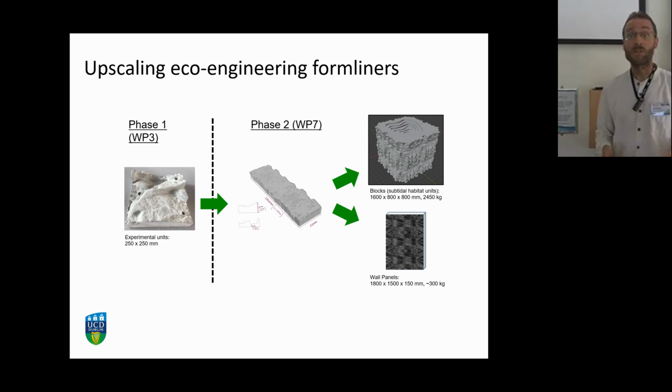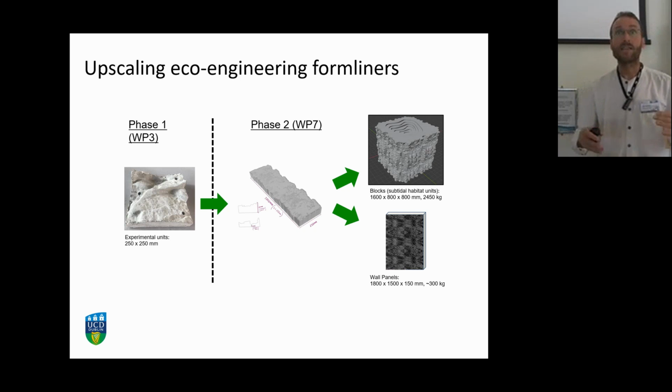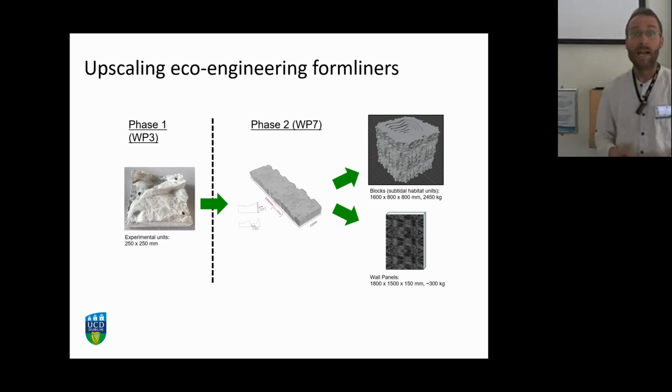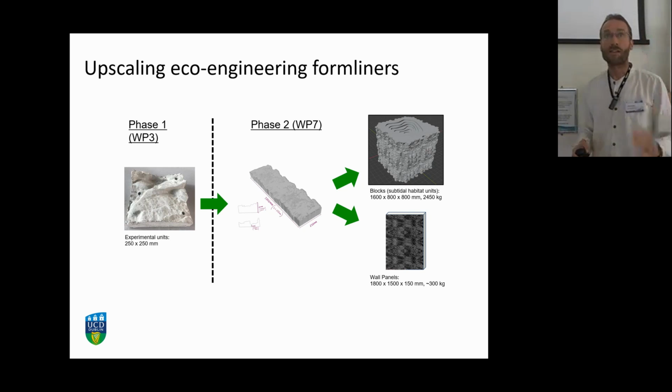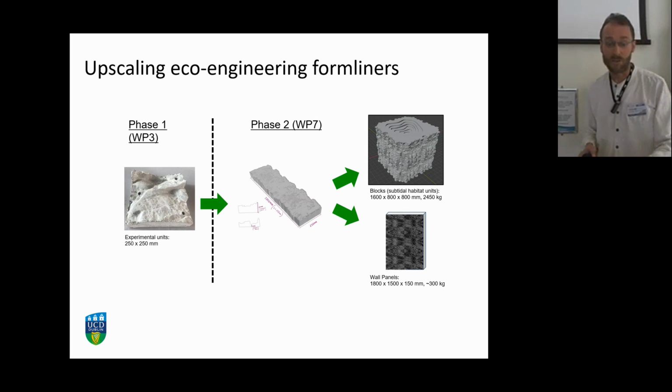In order to do that, we engaged with engineering companies to produce formliners which would enable much larger experimental units to be produced, and indeed units which could then potentially be used on a commercial scale. And we took two different types of approaches to producing large wall panels and producing habitat blocks. And it's the wall panels which I'm going to focus on in this talk.